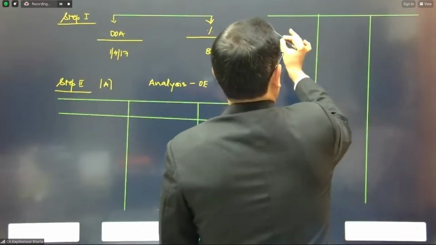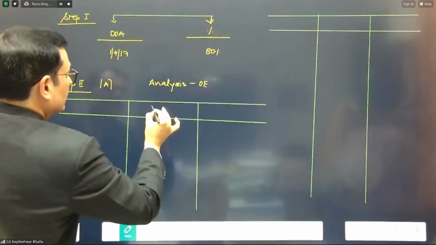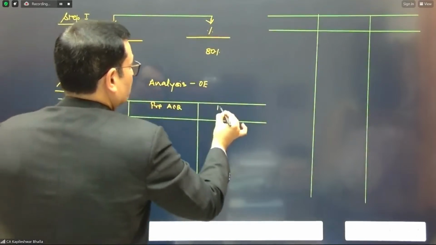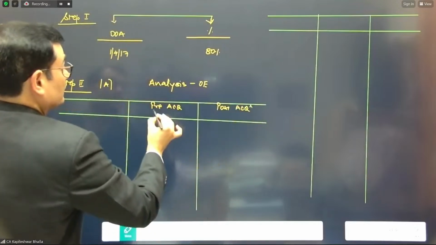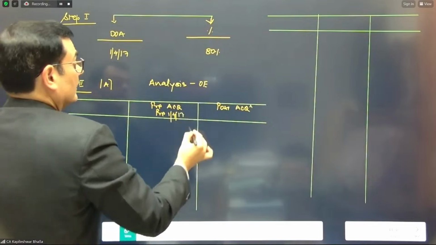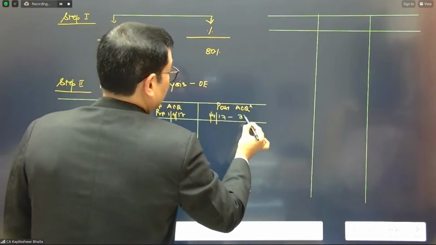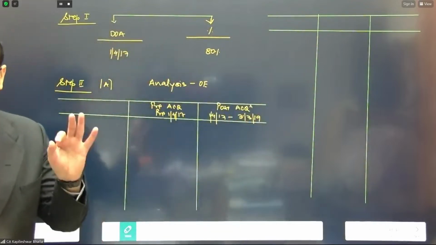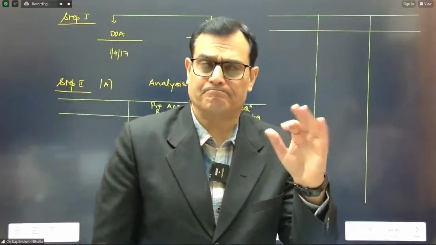So let's consider first of all the balance sheet focus. This is pre-acquisition and this is post-acquisition. In terms of pre-acquisition, this is pre-1st April 17, and anything earned from the date of acquisition, 1st April 17, till March 19 is post-acquisition. So you've got a period of 2 years as a part of the post-acquisition.